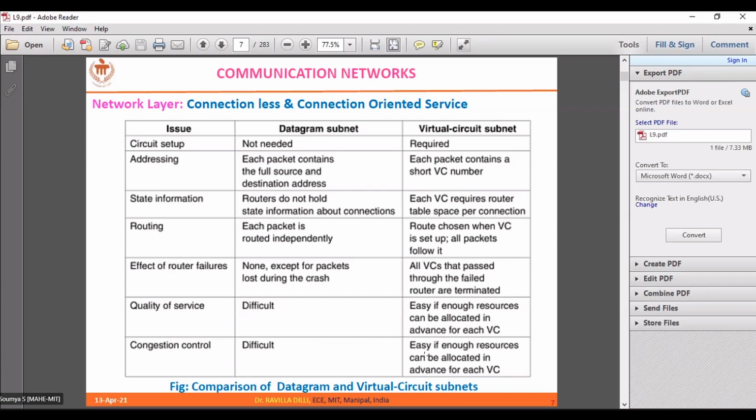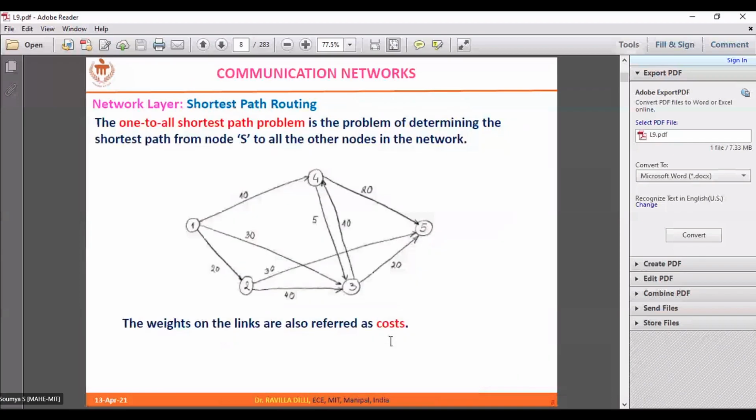Similarly for congestion control, since all the resources in that route will be allocated only for this particular communication, obviously you need not worry much about congestion in that particular line. This is about a comparison between the datagram and virtual circuit subnets.